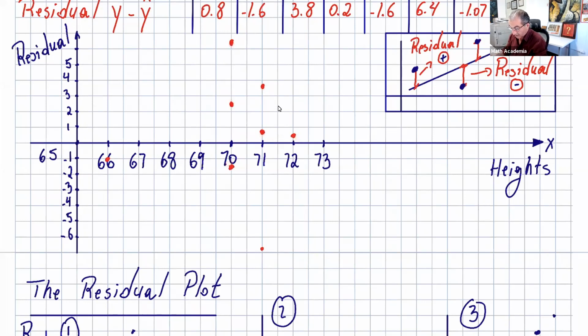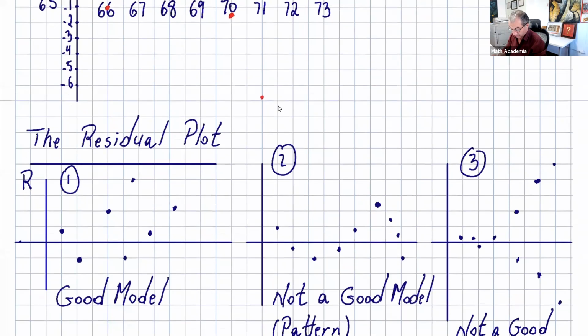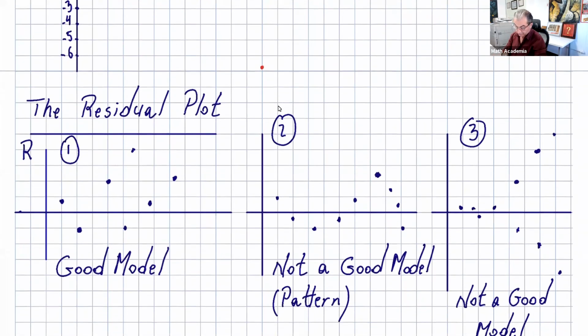But how do you analyze that? You want to see by the residual if this is a good linear model or not a good linear model. So here I showed some examples. If all those points when you draw the residual plot are close to the line and spread with no pattern, just like this first one, this is a good model.